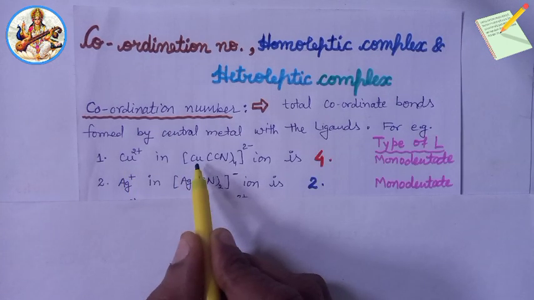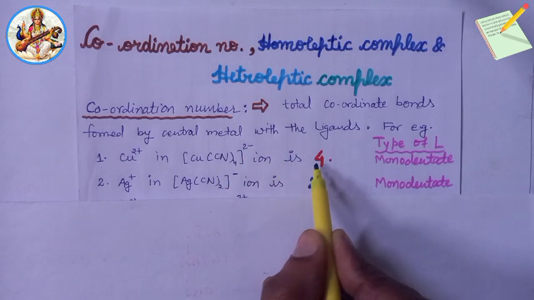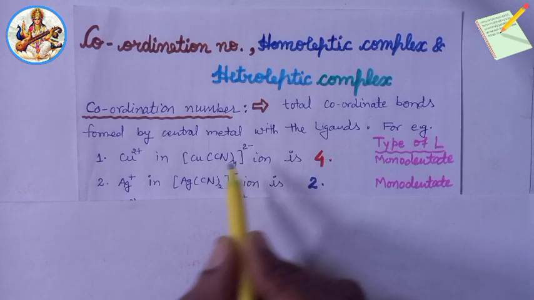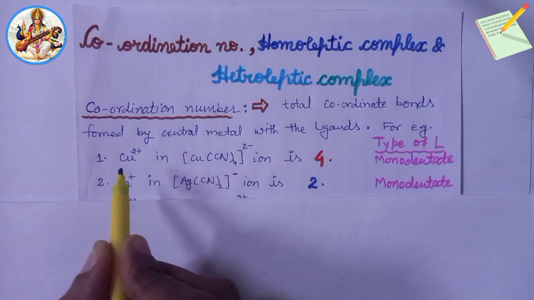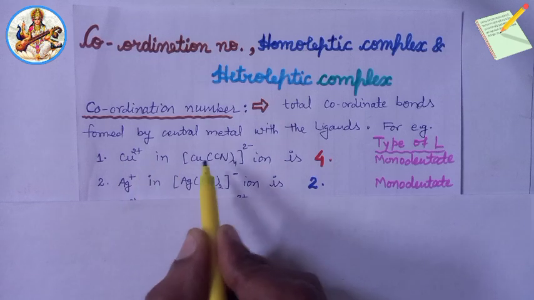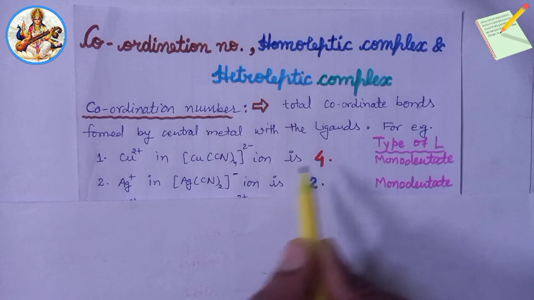the coordination number of Cu2+ in [Cu(CN)4]2- ion is 4. We know that in cyanide there is one donor atom, carbon, therefore the coordination number of Cu2+ in this complex ion is 4.